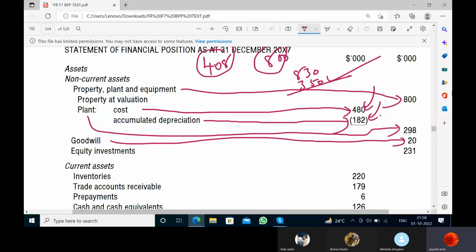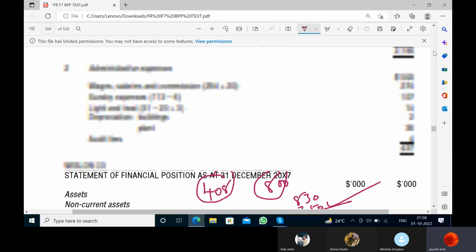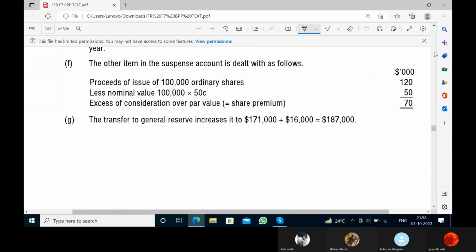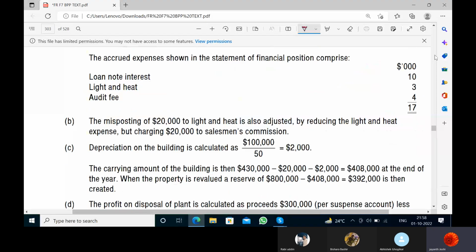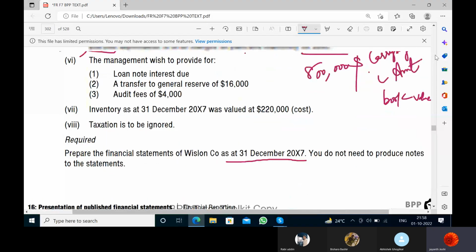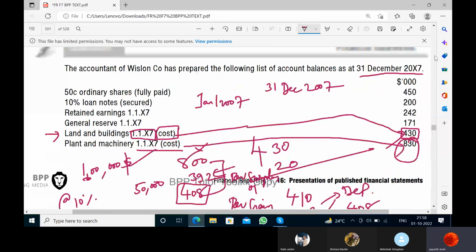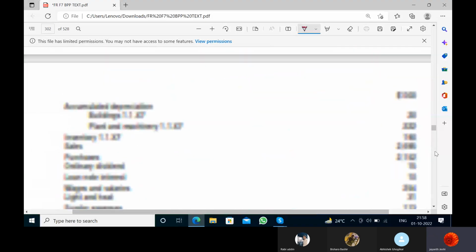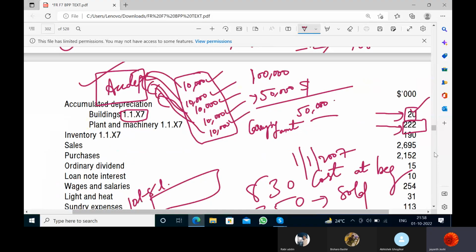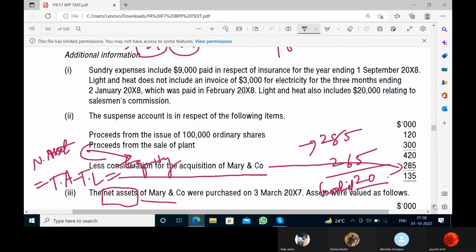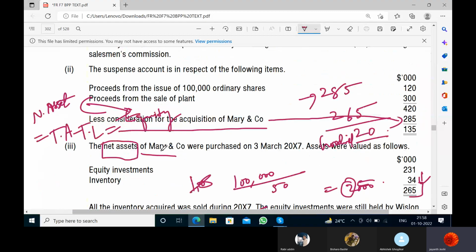Now we will see whether we have done some investments. Let us see. They have given some adjustment in the question. Yes, some equity investments you also have.